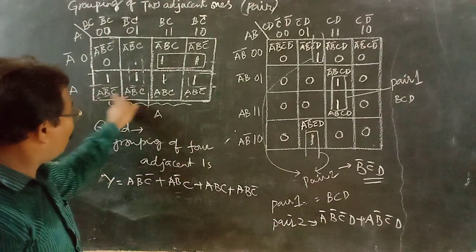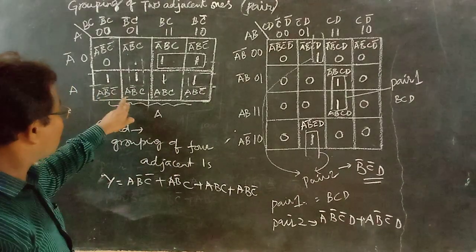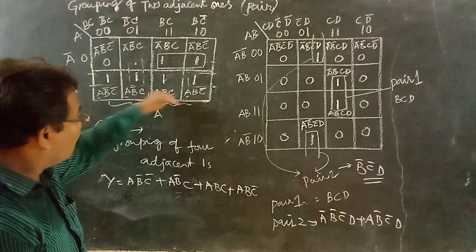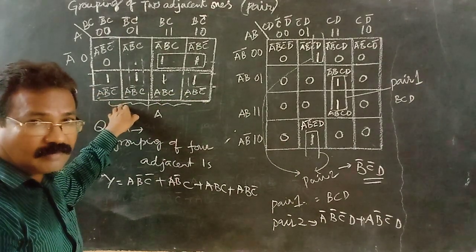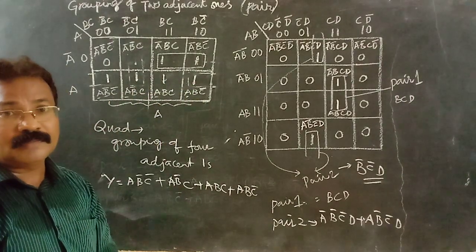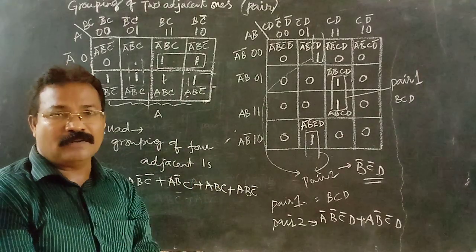It is the combination of these four minterms: A B bar C bar, A B bar C, A B C, A B C bar. While observing this quad, A is common in all the squares. So A can be taken as the simplified format.